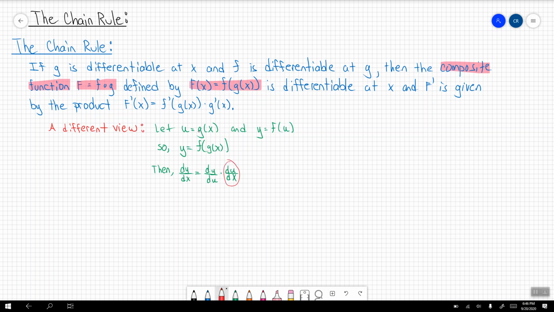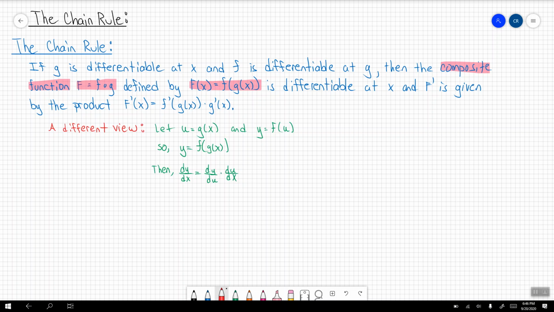And then we also get to take the derivative of y with respect to x as well, or in this case with respect to u, because when we made the substitution we said that y was a function of u, and that's where this comes in.